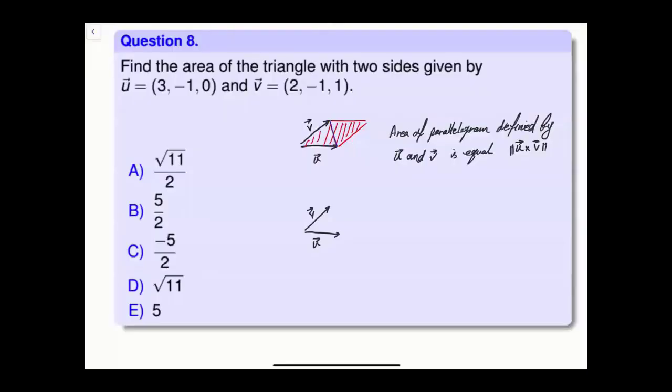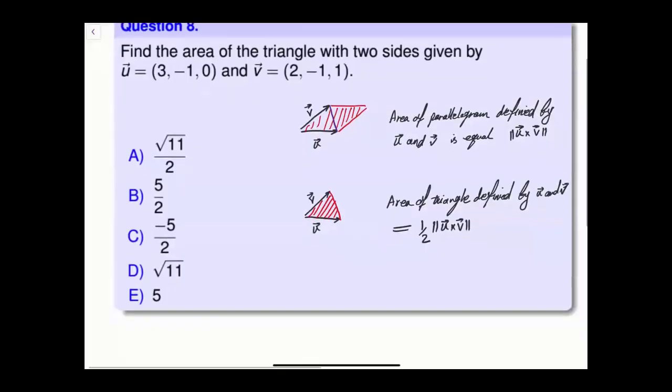So if we are interested in the area of the triangle defined by u and v, this will be half of the area of that parallelogram, which is given by the length of u cross v divided by 2, or multiplied by half.